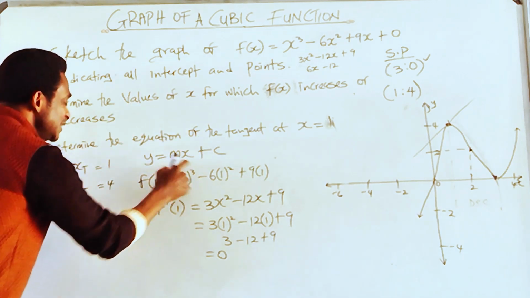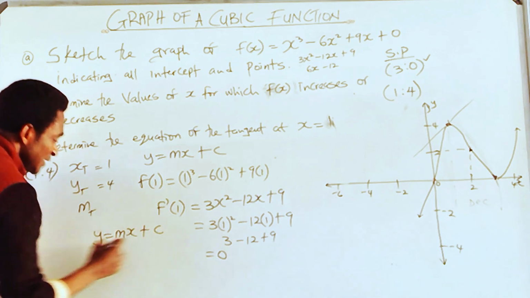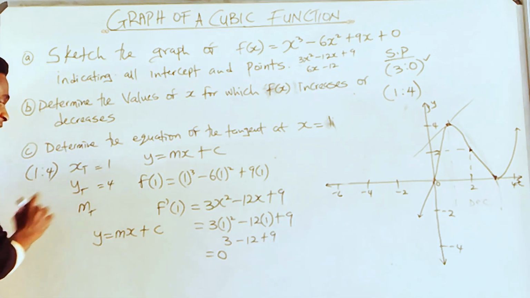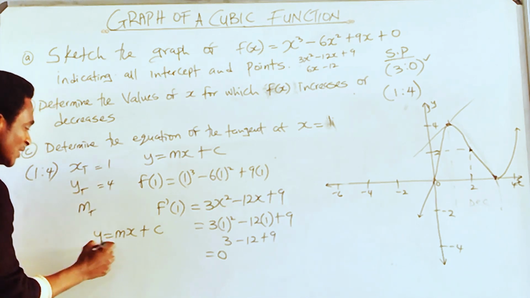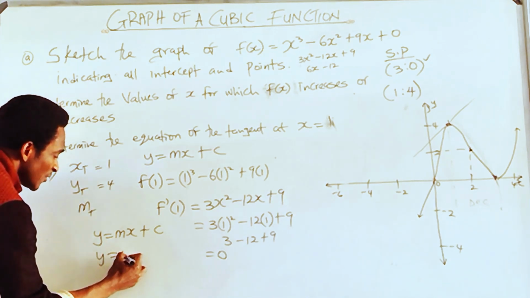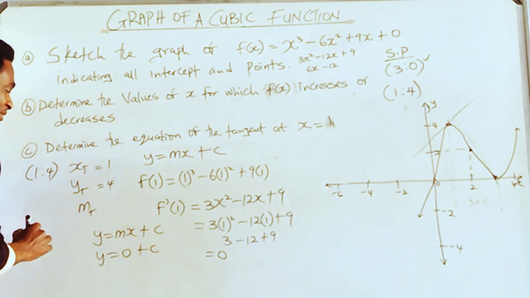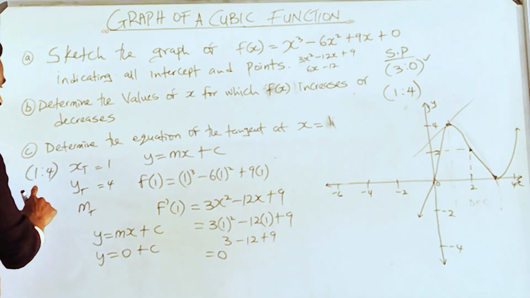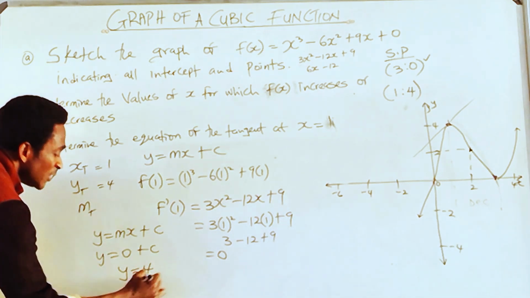So if we put this into the equation, we have y equals mx plus c. Our gradient is 0, so 0 times x, plus c, and we have the point 1 and 4. So finally, y is equal to 4.